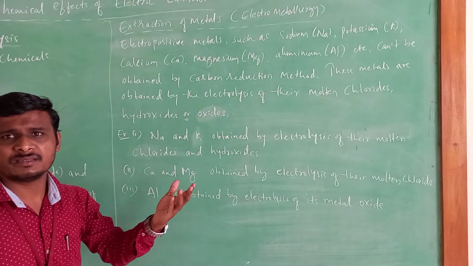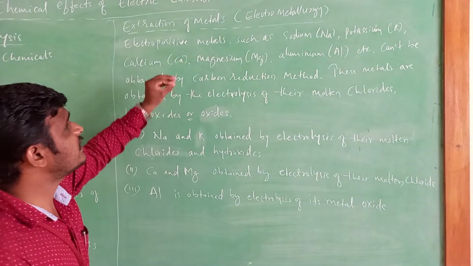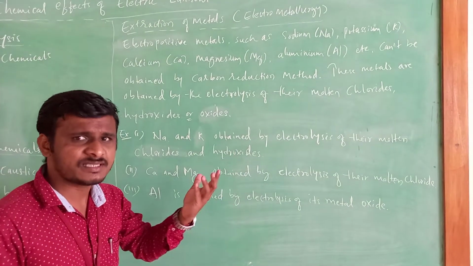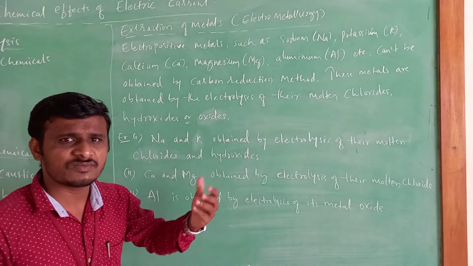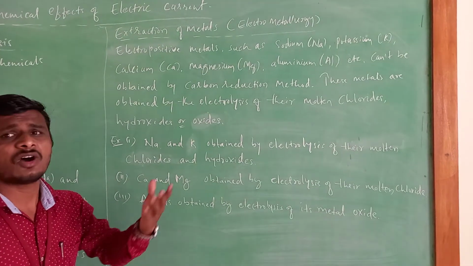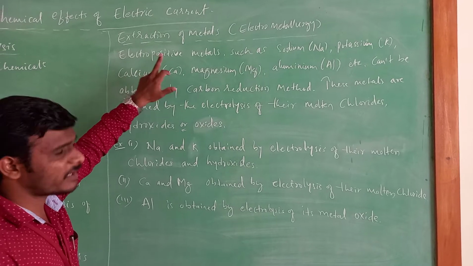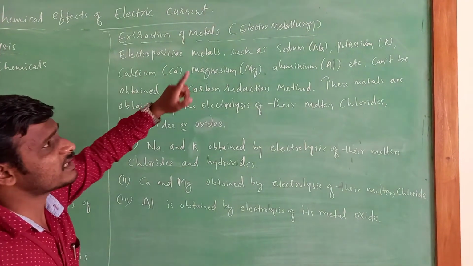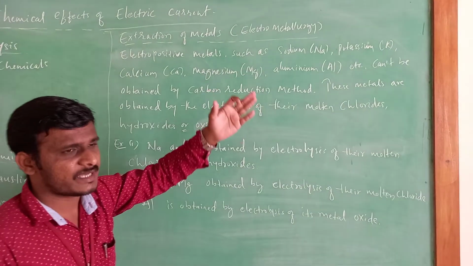You have studied in chemistry what the carbon reduction method is. So these metals we cannot obtain by that method, right? These metals can be obtained by the electrolysis of their molten chlorides, hydroxides or oxides, right?